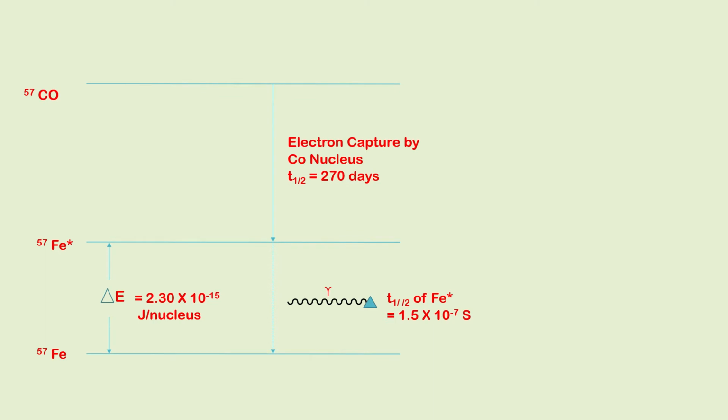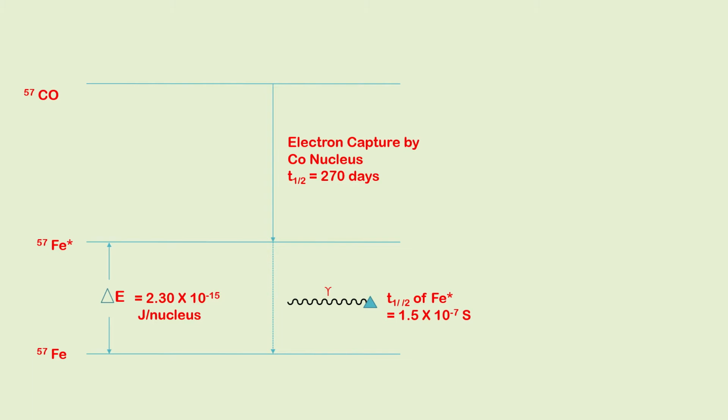This can also be understood by this diagram in which the excited iron nucleus, here mentioned as Fe star, is produced by electron capture of the cobalt nucleus 57 cobalt. This radioactive cobalt has a half-life of 270 days, is generated in a cyclotron and diffused into a noble metal like rhodium, and serves as the gamma radiation source for Fe57 Mossbauer spectroscopy.